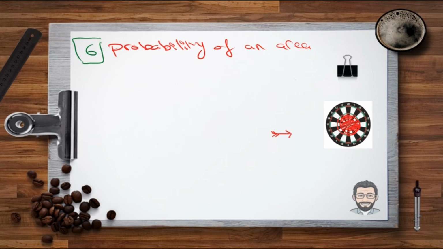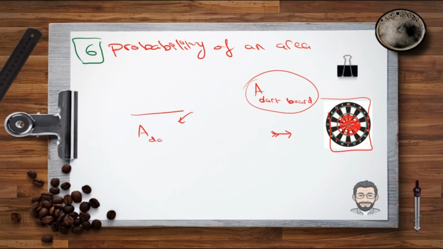Firstly, you need to find the area of the dart board, because it's going to be the total, the entire shape. So put the total down here, the area of the dart board, and here the area of the red circle.